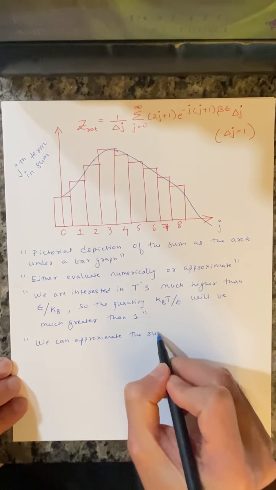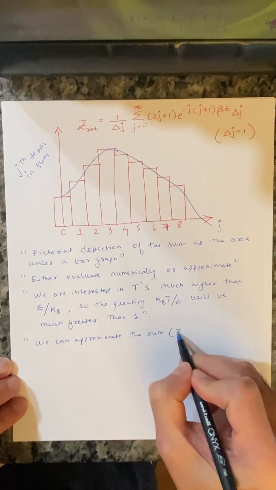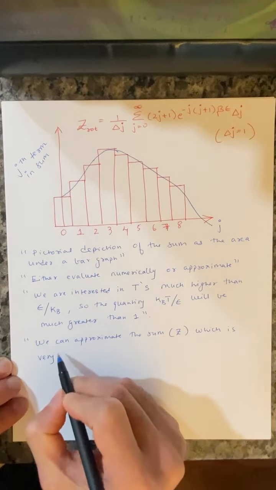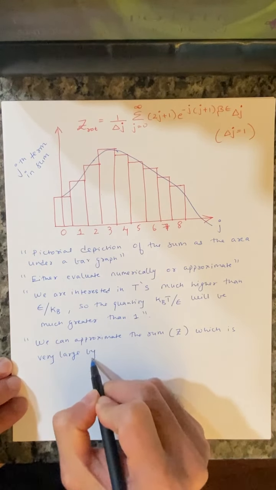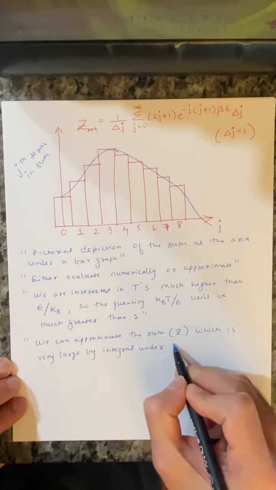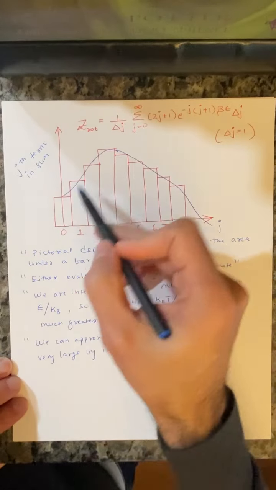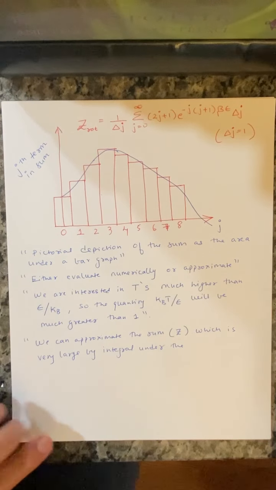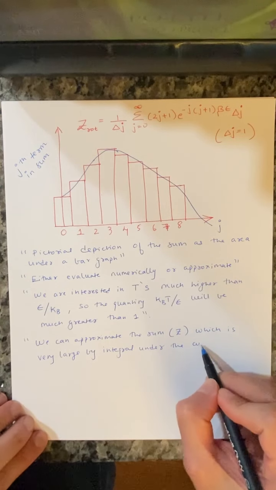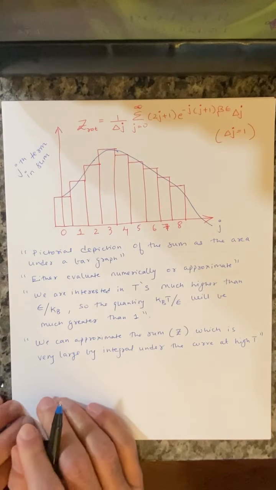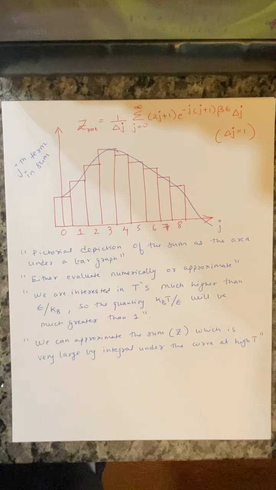In this case, the sum, the partition function, which is very large, we approximate by an integral, as I said earlier, under the curve. Take a look at the curve I have here. If the states are close enough, and if you have infinitely many states, you can draw a smooth curve, and the area under the curve is literally going to give us that value. Area under the curve at high T, very small E over kBT in this case.